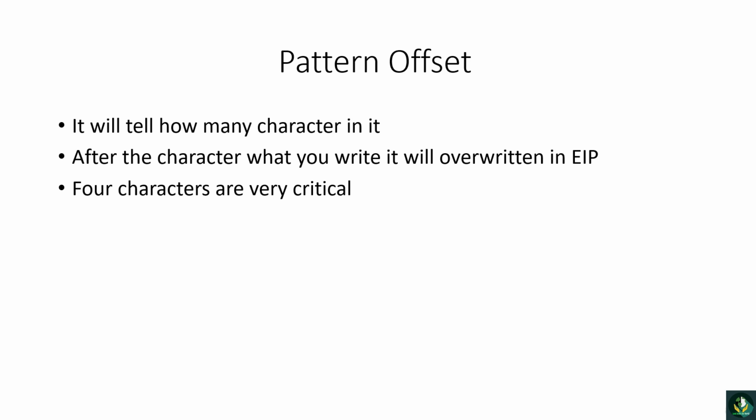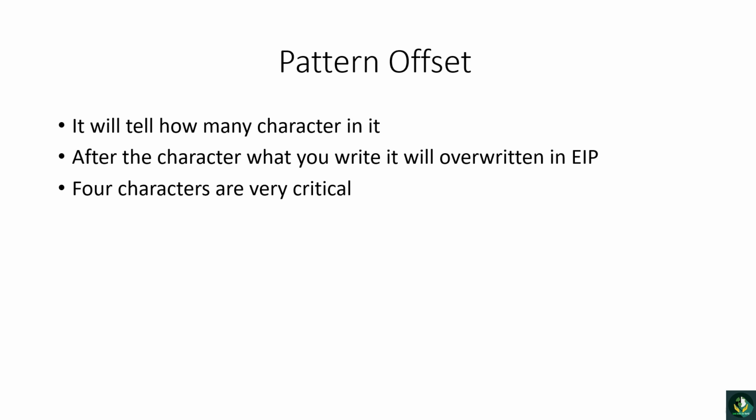Now the first challenge that we have is that we send those 5000 A's, which overwrite everything here, and the EIP memory can have only 4 characters. If you control them, if you get access to them, that's it, you don't need anything else.